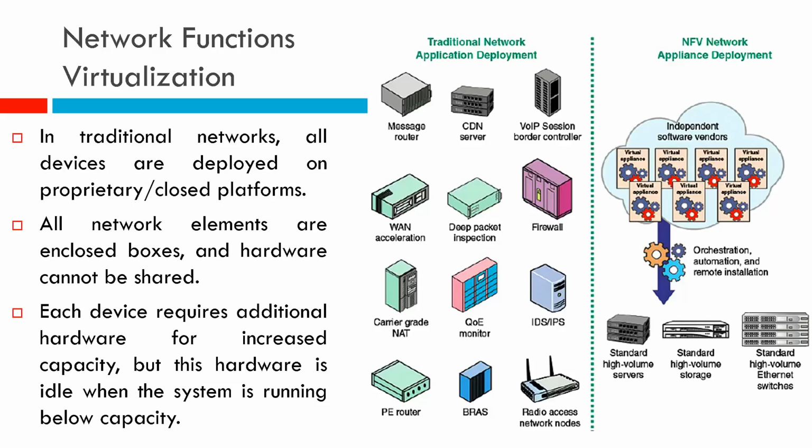If you look into the traditional network appliances, like a message router, CDN server, and voice over IP session border controller, look into these devices, everything needs a hardware basis. All are hardware based.